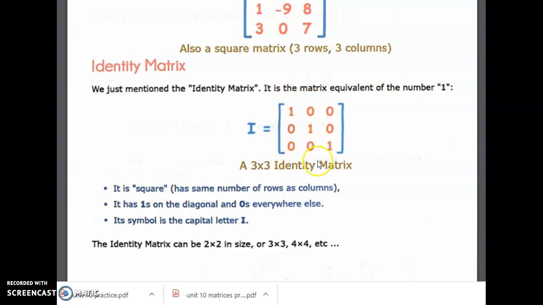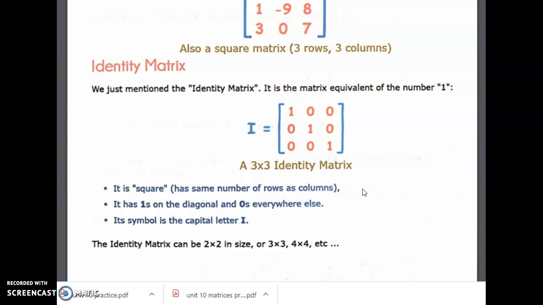A 4 by 4 identity matrix would have another row of zeros and then a 1 at the end with another column of zeros above it. And so on and so forth. It would get bigger and bigger.